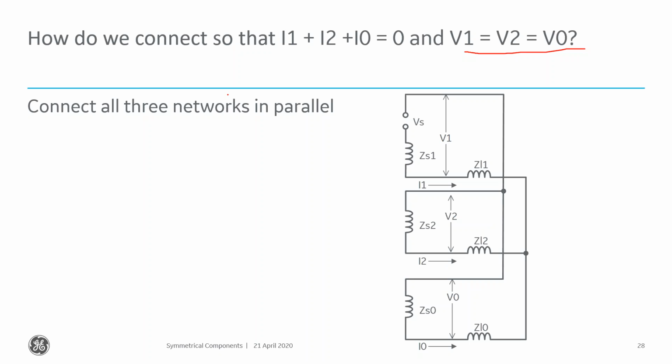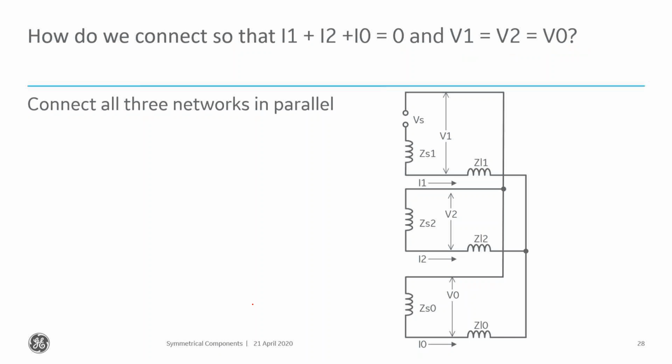The three currents summing to 0 also means that they have to be connected in parallel. So that's what the three networks in parallel look like for the phase-to-phase ground fault.